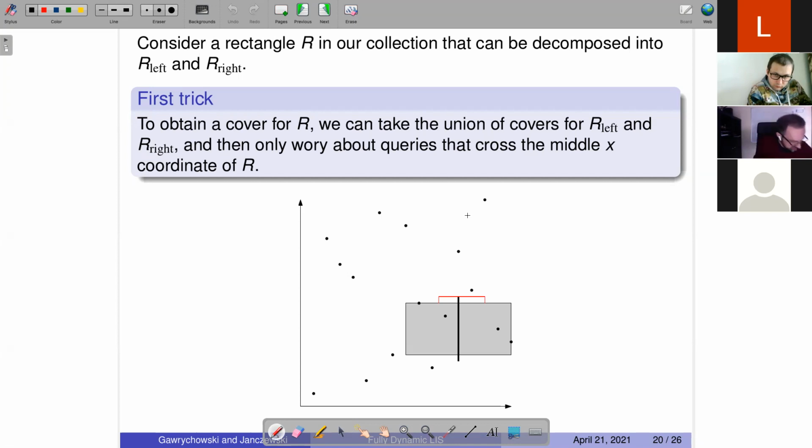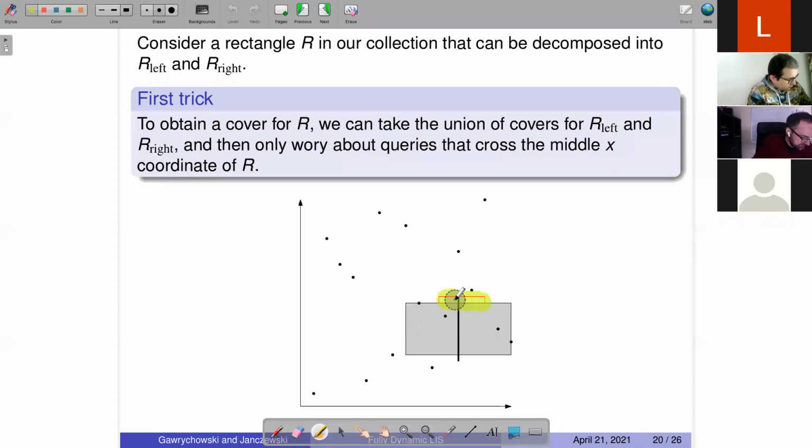Only those need to be taken care of for the larger rectangle. So the cover for each rectangle will be the union of the cover from the left part, the right part, plus some extra segments that take care of the queries crossing the middle x coordinate. Okay, so it's slightly better. We don't have to recompute from scratch. We can reuse something.